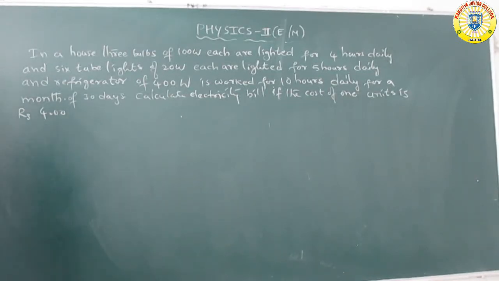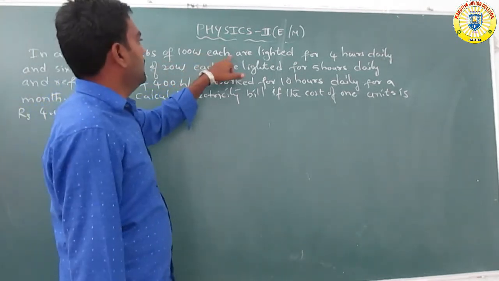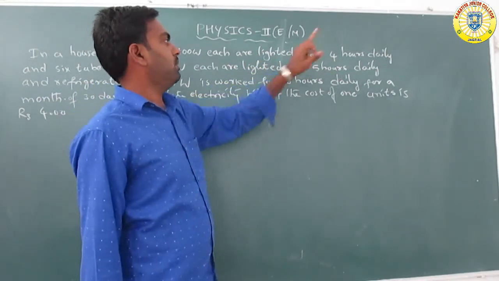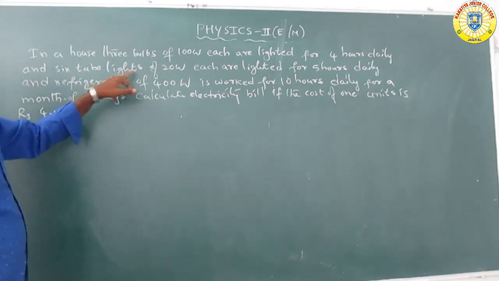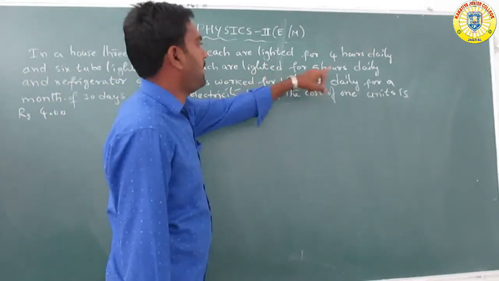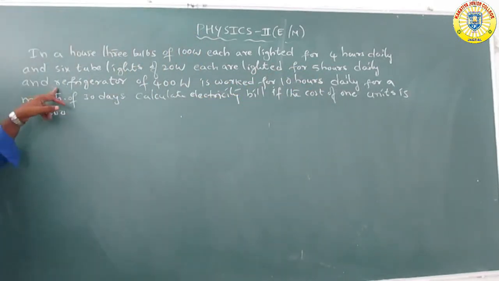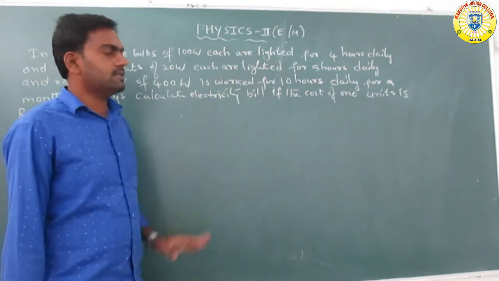Okay, so in a house, 3 bulbs of 100 watts each are lighted for 4 hours daily, and 6 tube lights of 20 watts each are lighted for 5 hours daily, and a refrigerator of 400 watts is worked for 10 hours daily.